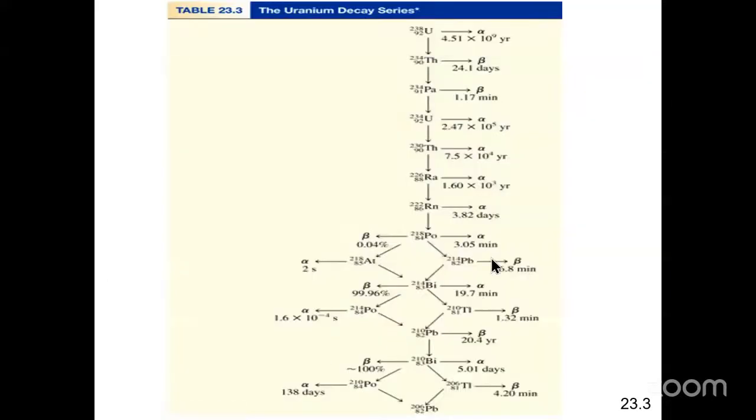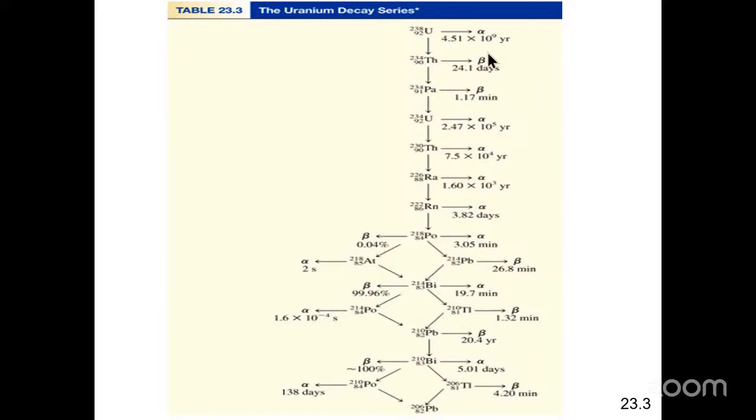And I want to show you this here. This is called a decay series. Different radioactive elements will have different series where you have the radioactive element undergoing a certain type of decay to form a different product. That product, being radioactive itself, will undergo decay and it just continues.